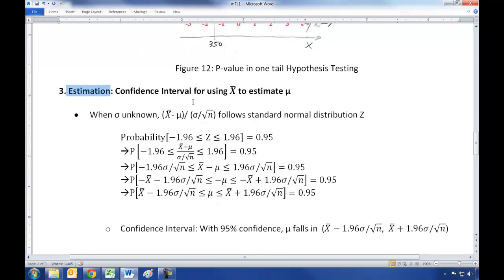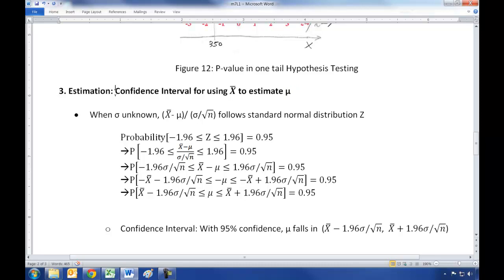We are now moving on to discuss the second type of statistical inference, which is estimation. The difference between estimation and hypothesis testing is, in hypothesis testing, we are making a claim that we need to use observation to validate. We make a claim such as mu equal to 368 grams for the cereal example.